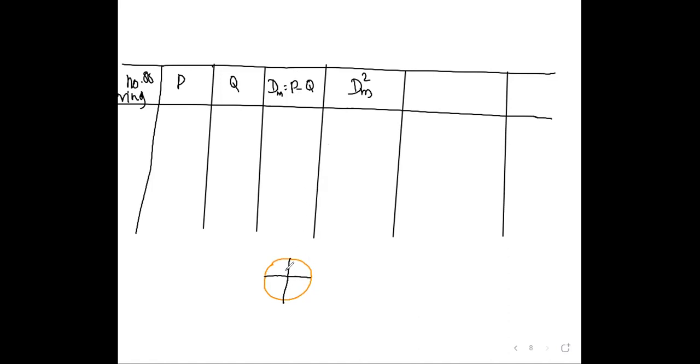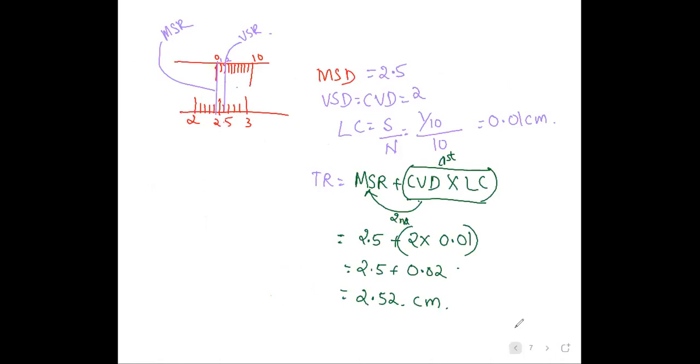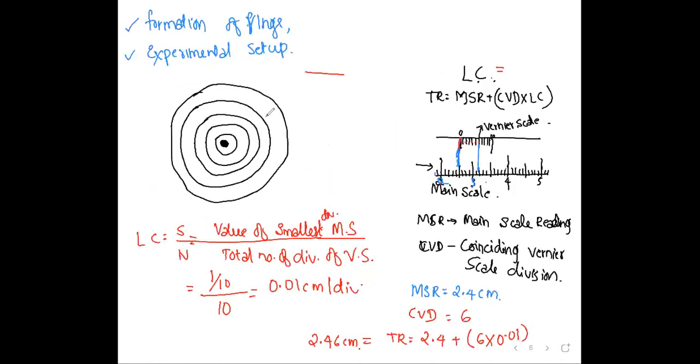So what we have to do is adjust the screws. I will show you in the simulation later. If you want to measure, let us take this as the first ring, second ring, third ring, fourth and fifth ring. Let me take the fourth ring's diameter.